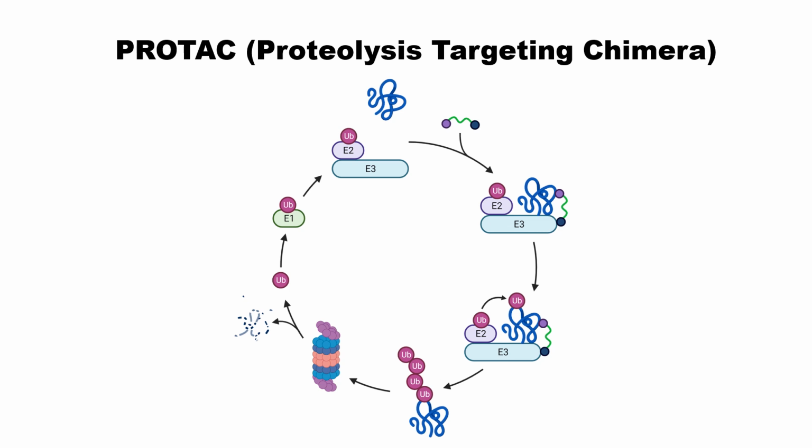But in this case, this drug molecule can be recycled. That means, in principle, with a very small amount of a drug, we can still achieve the destruction of a kinase. And here, the destruction is a physical destruction. It's a total removal of a target protein.